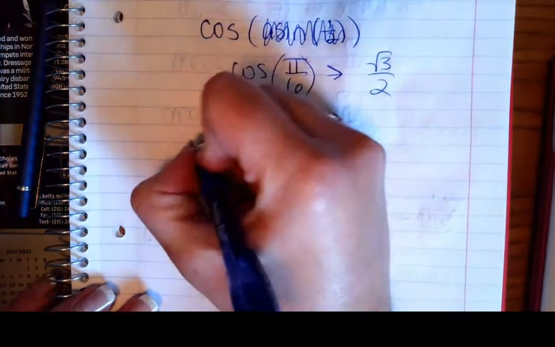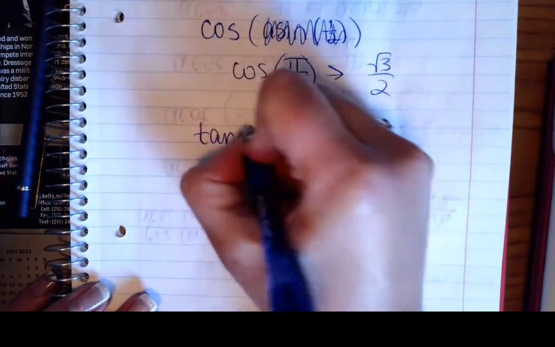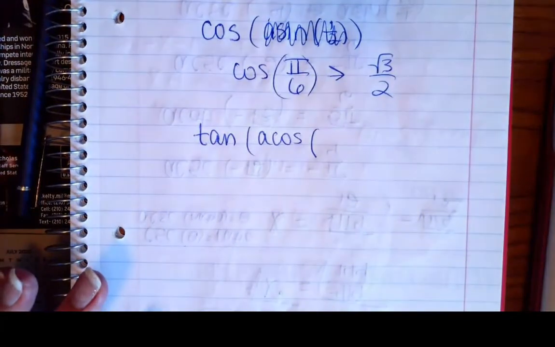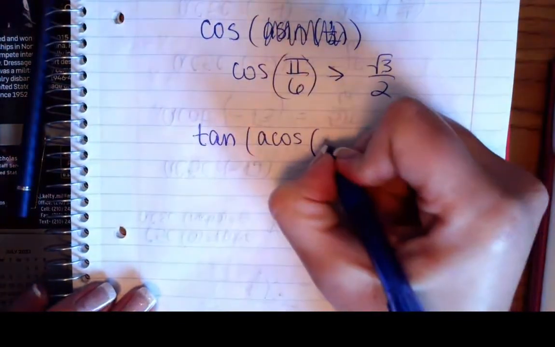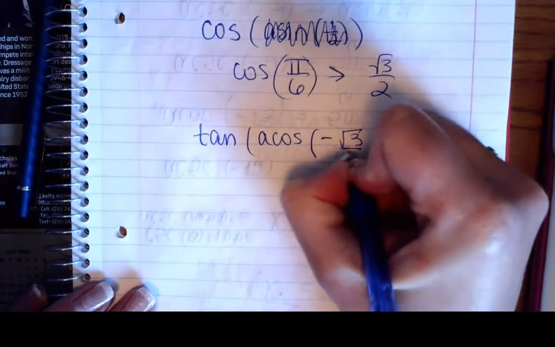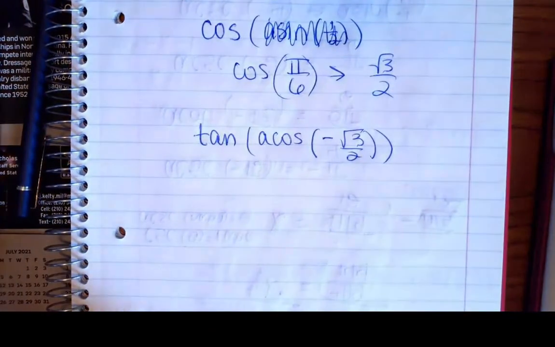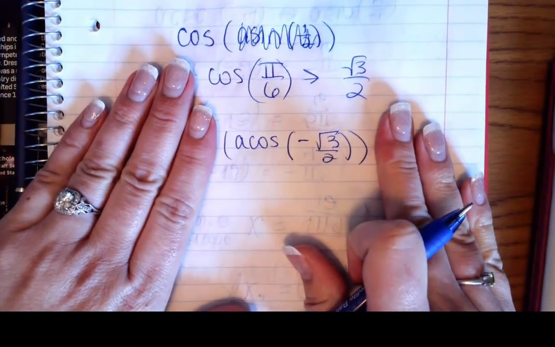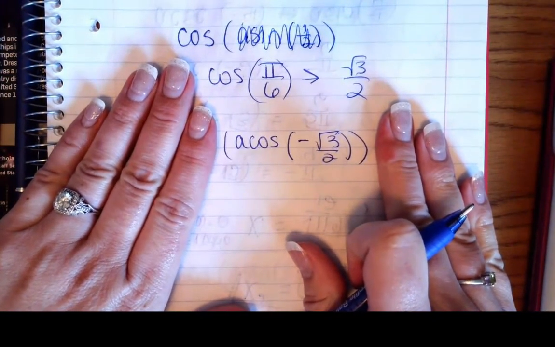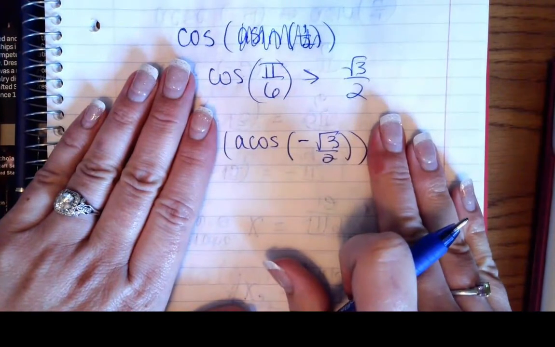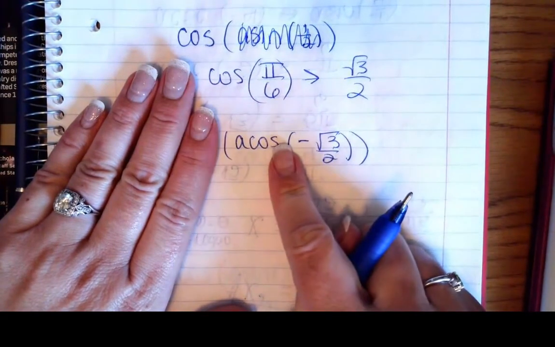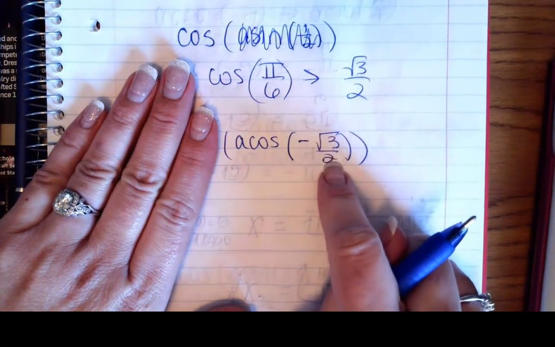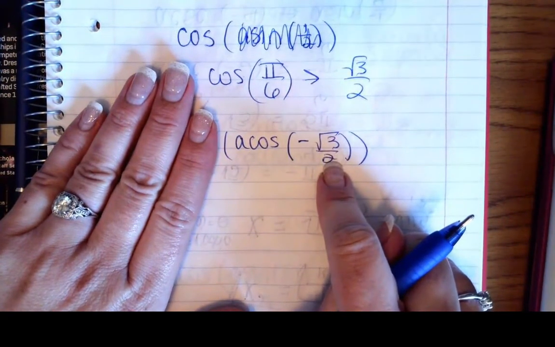Okay, so let's do it again. We've got the tangent of the arc cosine of negative √3/2. Work from the inside out. I'm dealing with an inverse cosine, which means I'm in quadrants 1 and 2. It's negative, so I'm in quadrant 2. Where does cosine have a ratio of negative √3/2 in quadrant 2?